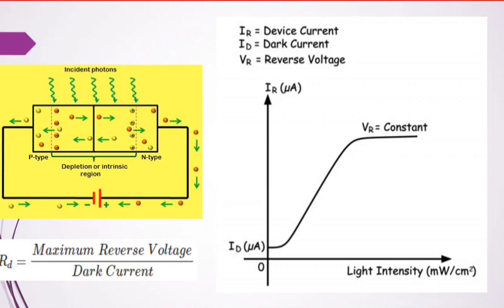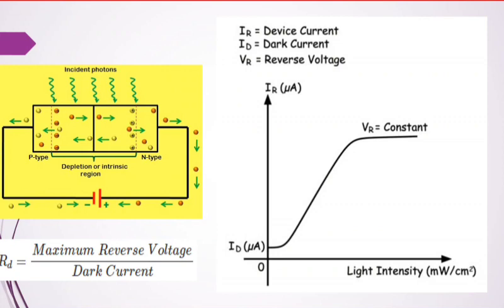Then we are going to calculate the reverse resistance, the device resistance. RD is the device resistance, or dark resistance, we can say.